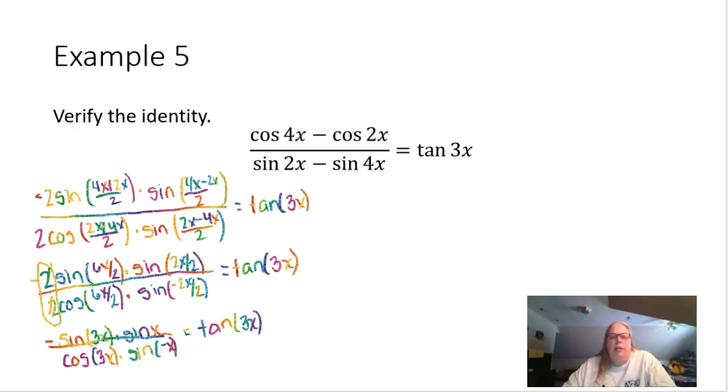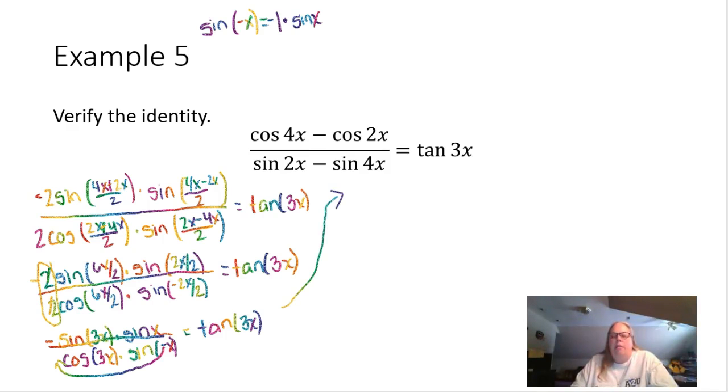All right, there's that negative again in there with the angle. So we have to remember that the sine is an odd function, and that means when we take the sine of a negative angle, it's the same thing as taking the sine of a positive angle and then multiplying that by a negative 1. So what that means for me is I'm going to take that negative and bring it out in the front right here.